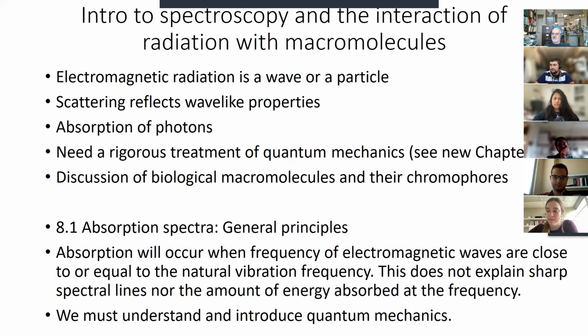This is inaccurate because it doesn't entirely explain everything. It was the way that we thought about this 100 or 120 years ago, until it was all thrown on its head by quantum mechanics. This does not explain sharp spectral lines nor the amount of energy absorbed at any given frequency. That's what we're going to talk about next.